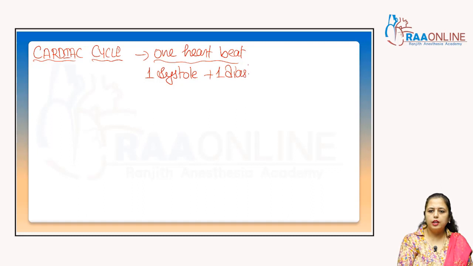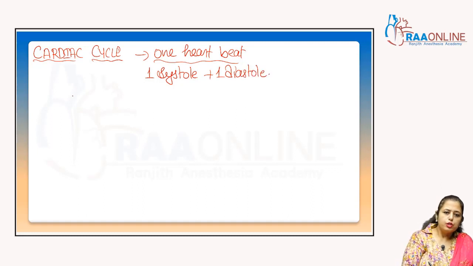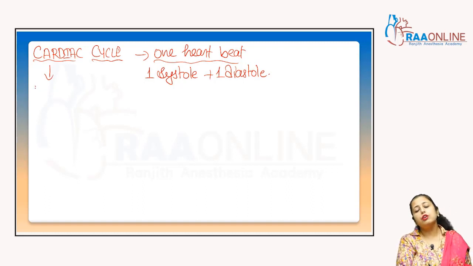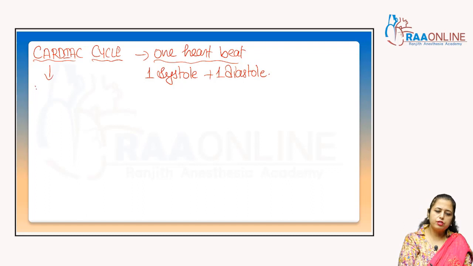The contraction phase is known as the systole, the relaxation phase is known as the diastole, and the time duration of the cardiac cycle is the reverse ratio of the heartbeat per minute.